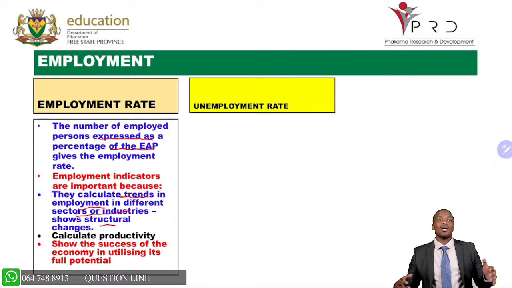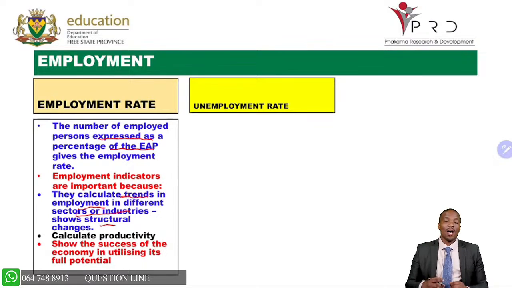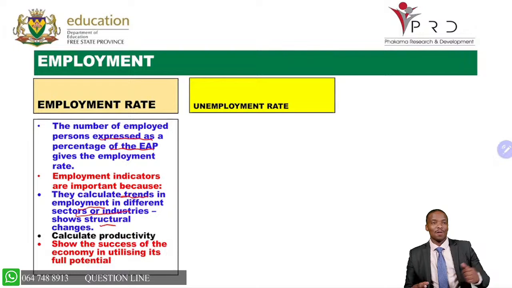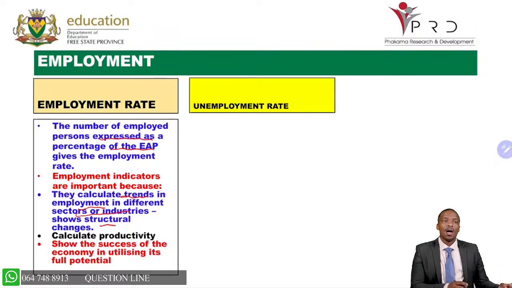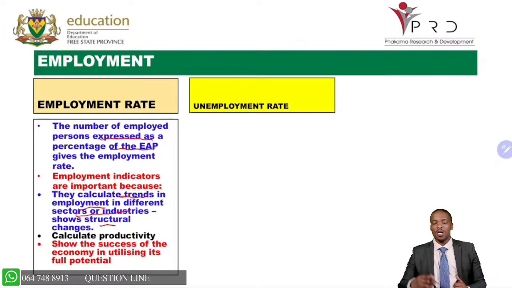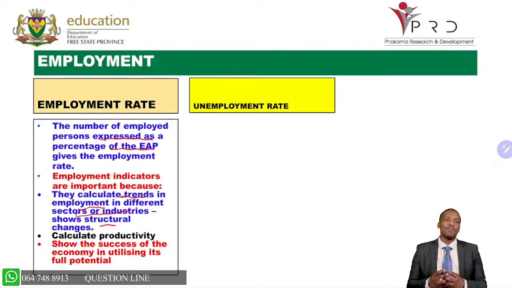If you look at Stats SA, when they issue figures, they are measured per quarter. So it means January, February, March; in April, the first quarter of employment or unemployment figures is issued. Then April, May, June; in July, we get the employment or unemployment figures in South Africa for the second quarter.